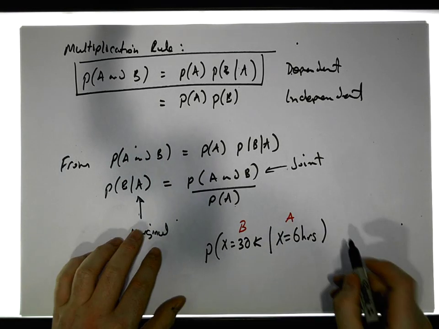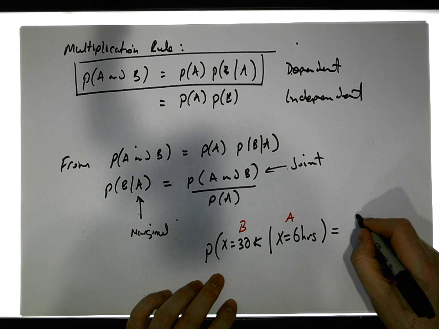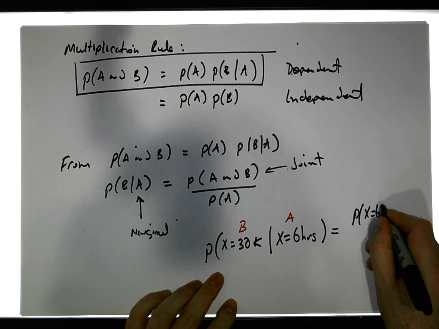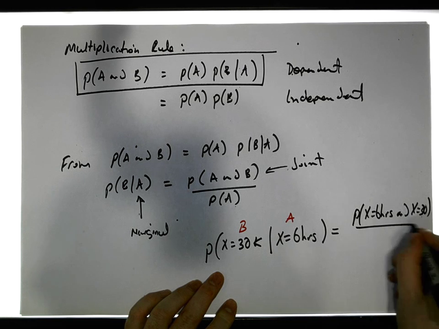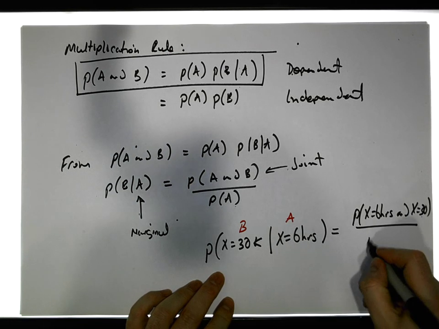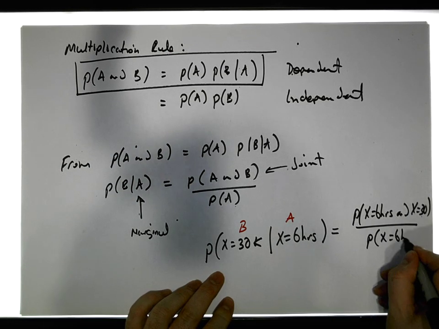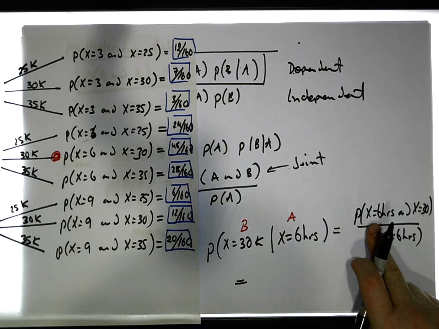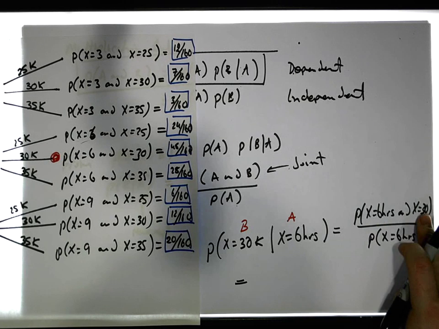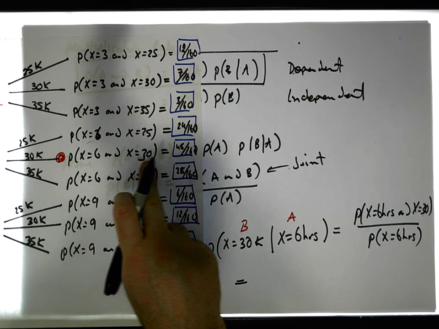This is going to be the probability that the person is on 6 hours and on 30,000 euros, divided by the probability of A, which is the probability that the person is on 6 hours of work. From our tree, we know that the probability of 6 hours and 30,000 euros is 45 over 160.